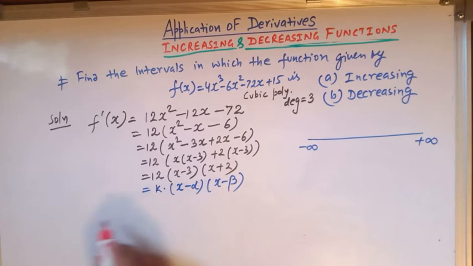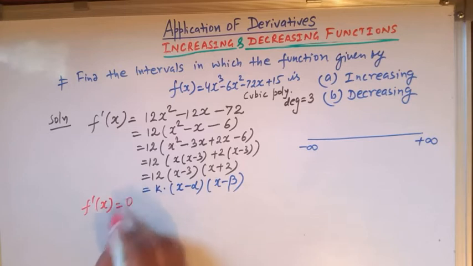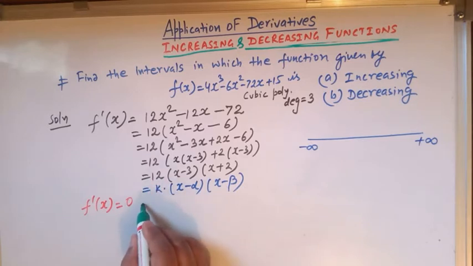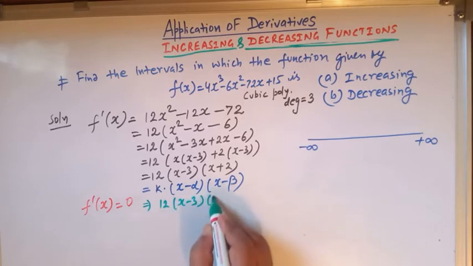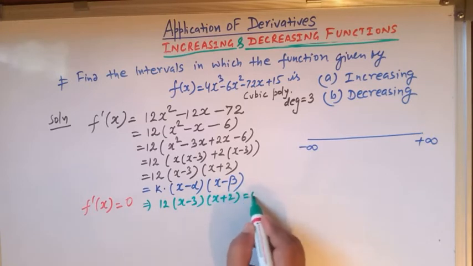Now for the critical points or the stationary points, the derivative of f should be equated to 0. So f prime of x is equal to 0. This implies that 12 times (x minus 3)(x plus 2) is equal to 0.